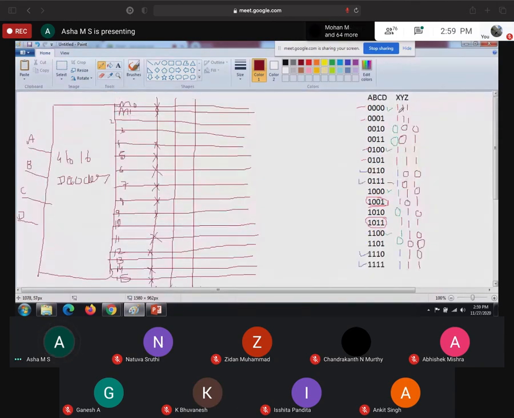Next similarly Y. First two are there, second two are not there, next two, next two once again, next two are not there, next one is there, next one is not there, next three. Hope you guys are getting how I am connecting it. Wherever one is there, put the cross mark.